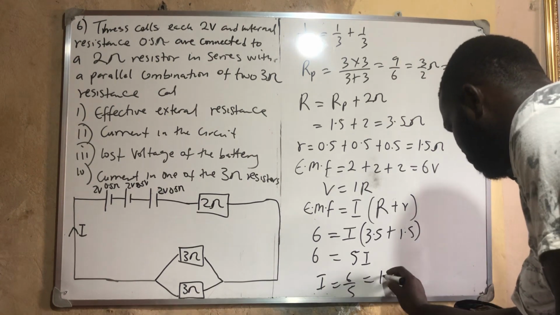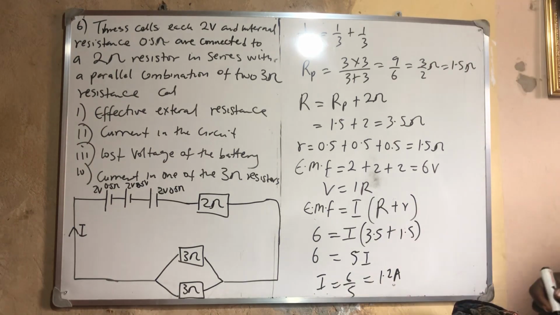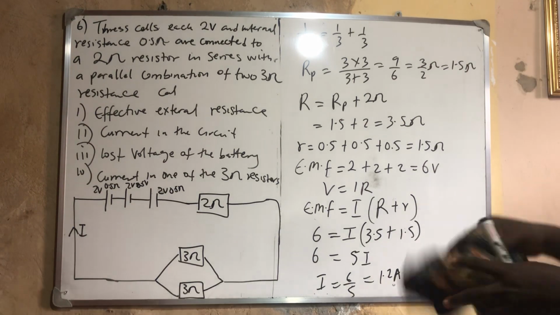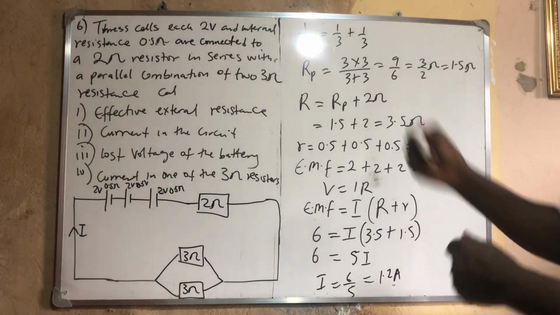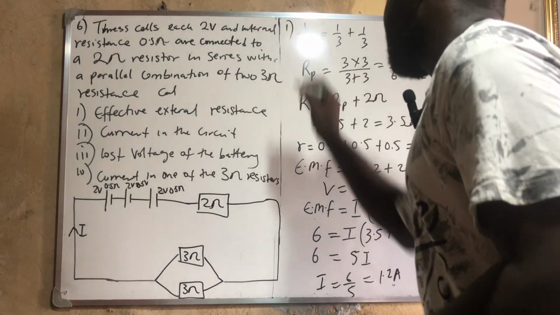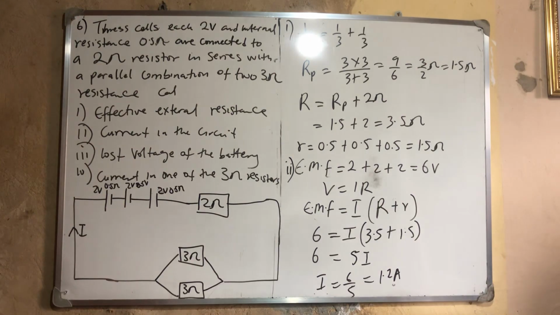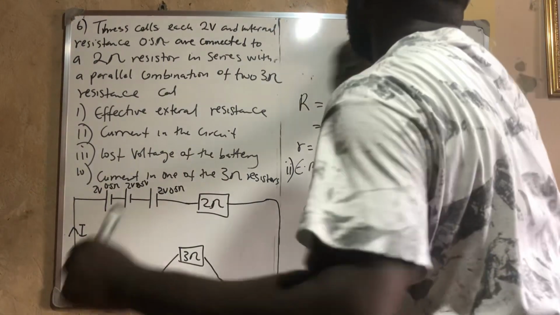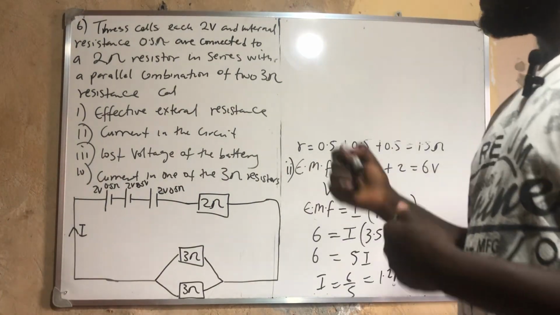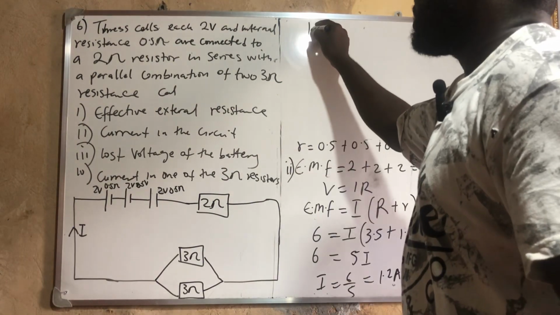That is 1.2 ampere. So that is that. The next thing we should calculate is this is our I and this is our II. So our III is what? The lost voltage. And the lost voltage is simply small r.